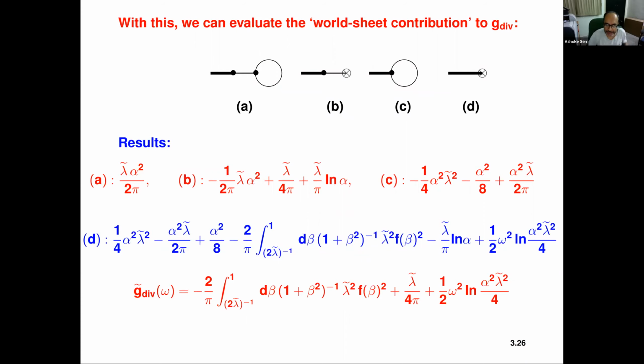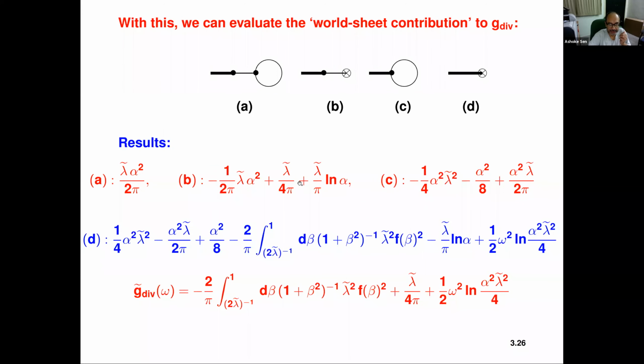Okay, so with this, now I'll give the result for the worldsheet contribution to G divergence. So here are these 4 diagrams, A, B, C, D. We have given all the vertices now, so you can compute this. Change variable from YV to Q1, Q2, by using the sewing relations. You do the same thing here, and here, and here.